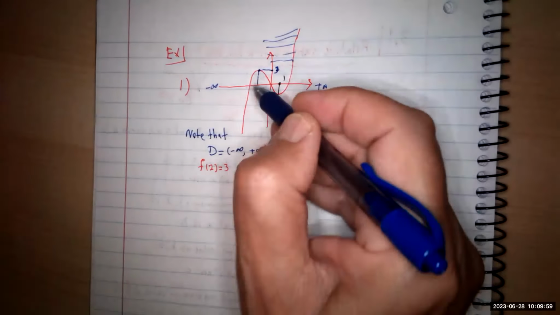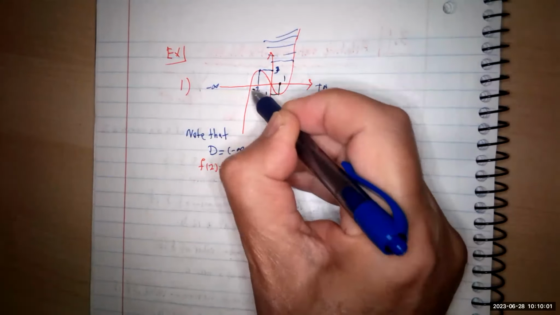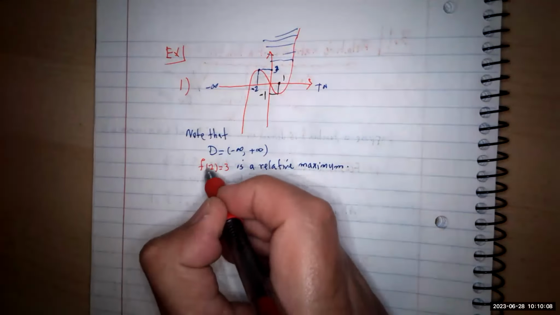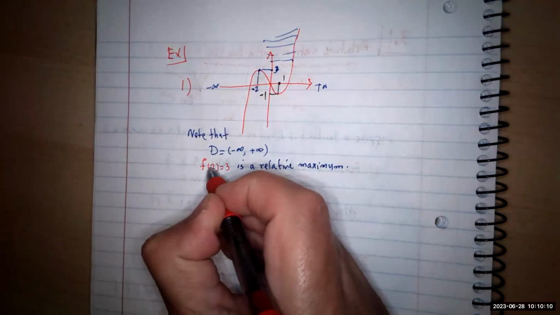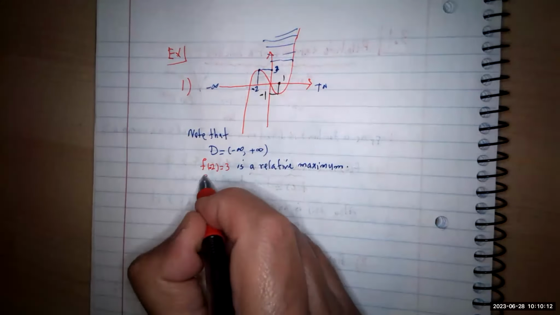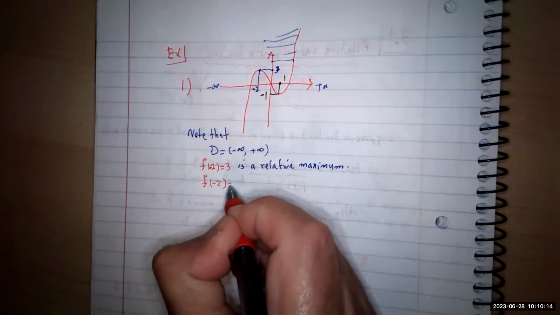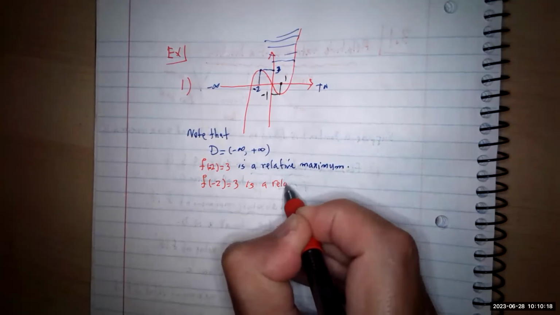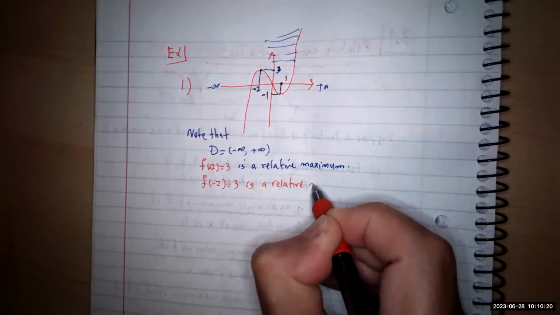But if they ask how we get the 3, we replace x by, oh sorry, this must be -2. I'm sorry, that's a -2, because it's on the other side. I made a mistake. It's f of -2. So f of -2 equal to 3 is a relative maximum.